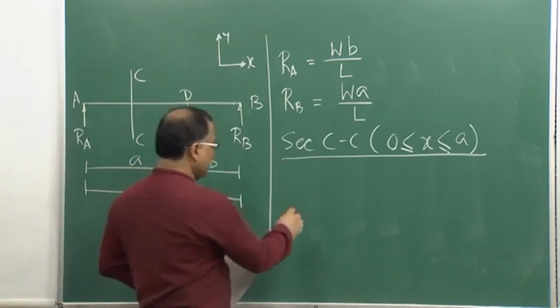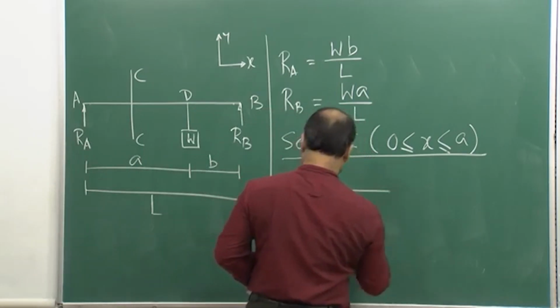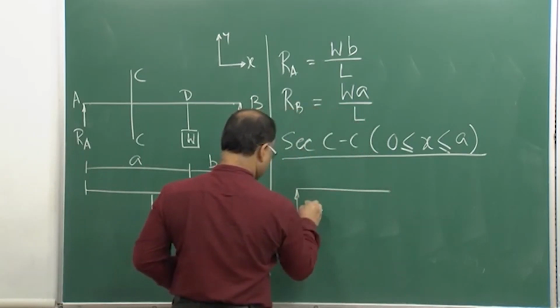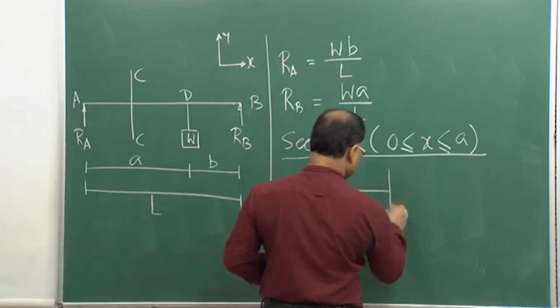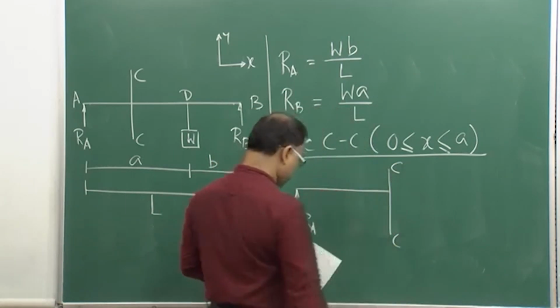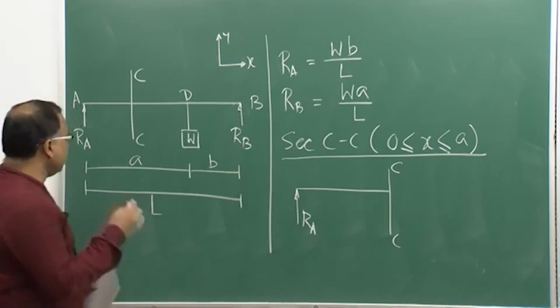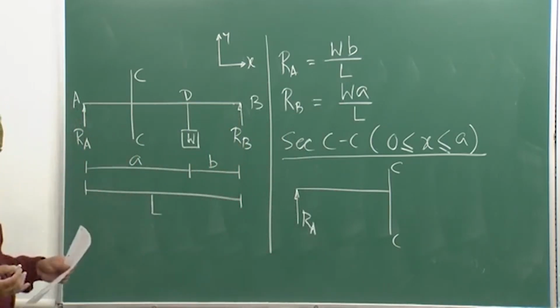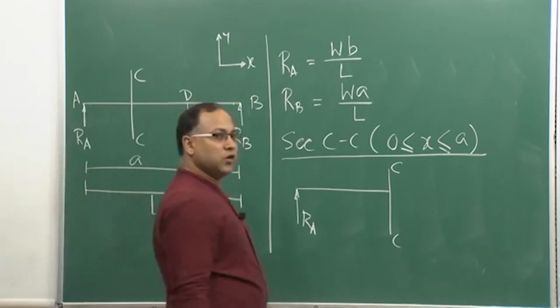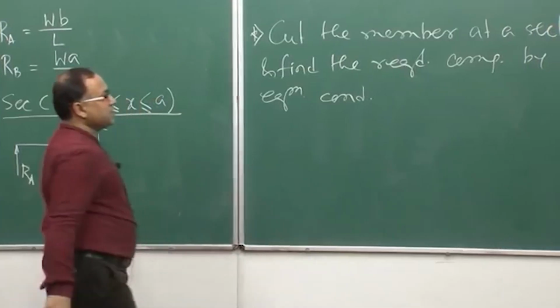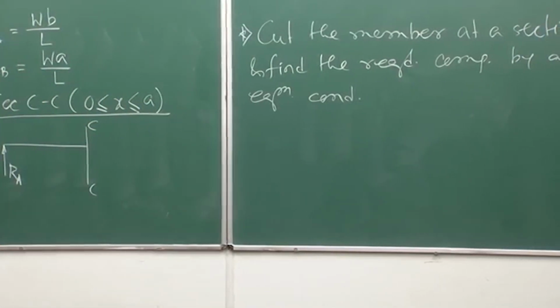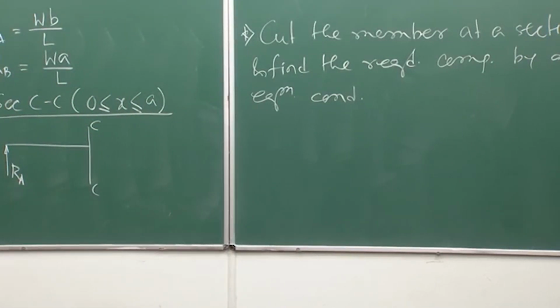So, this is the beam part, RA is acting here, and this is my section CC. This is the third step if you recall: cut the member at a section of interest and find the required component by applying the equilibrium condition.